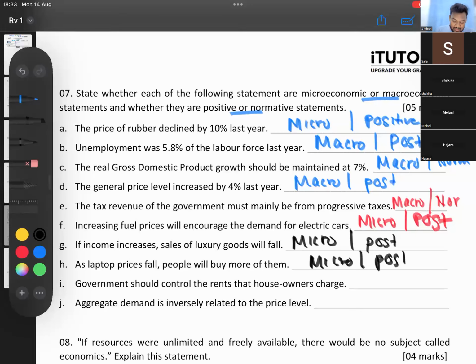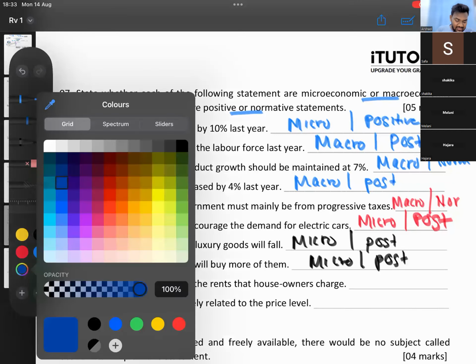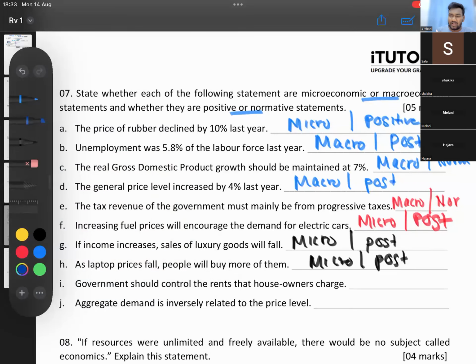So positive. Next one: government should control the rent that house owners charge. Rent, household, you can say micro, right? We are talking about one segment, housing, so micro. Then, government should control the rent: normative, right? Should. Whether the government should or should not control is a subjective thing.